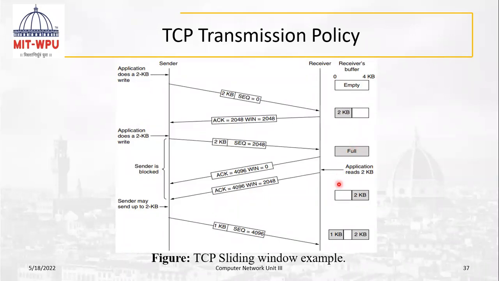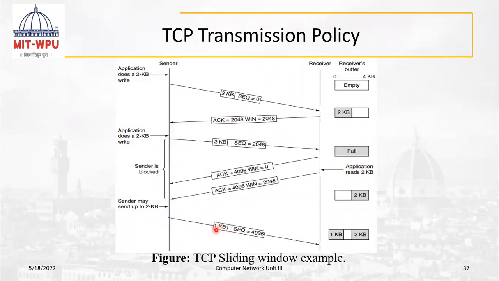Let's say it reads the first 2 kilobytes of data. As soon as it reads the data, this data will be removed from the buffer, and obviously a packet will be created which says what window size is available. So 2 KB of window size is available right now, and this message is sent to the sender, and after that the sender can send further data.